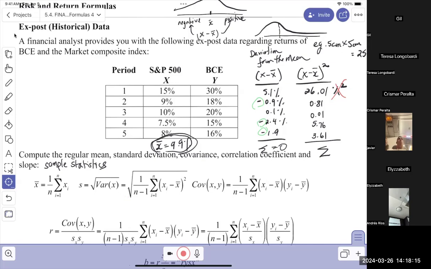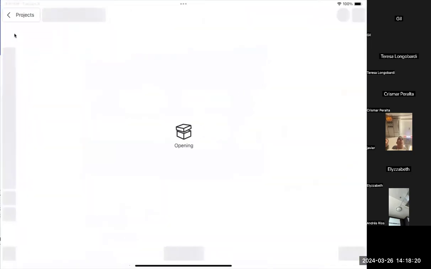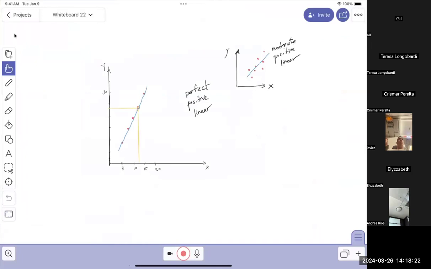And then I want to talk again about my graph that I made. I'm going to talk about the direction. So we said the direction here is positive. So what does it mean to be positive? I'm going to clean this up a little bit here.